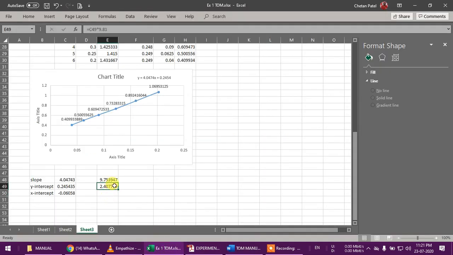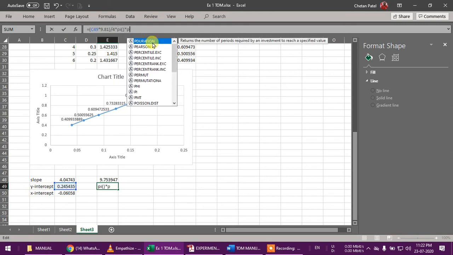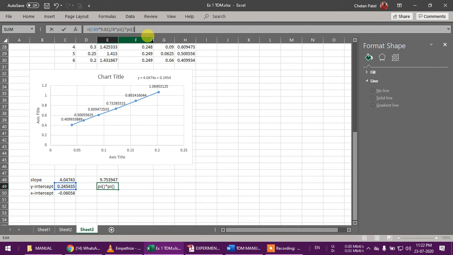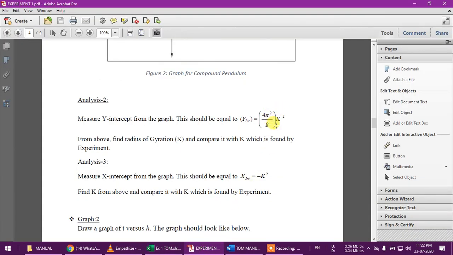So again put this into a bracket and divide it with 4 pi square. Also we need to put all this denominator part into a bracket, press enter. So we have this value, this is equal to k square.